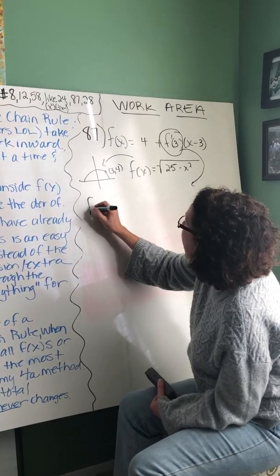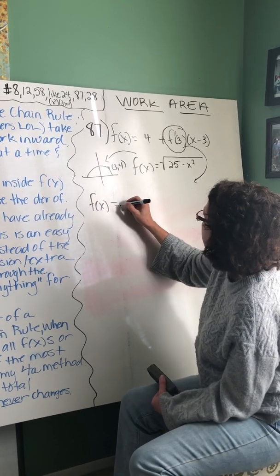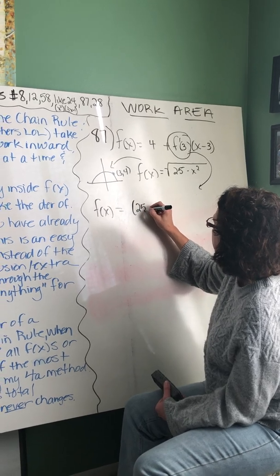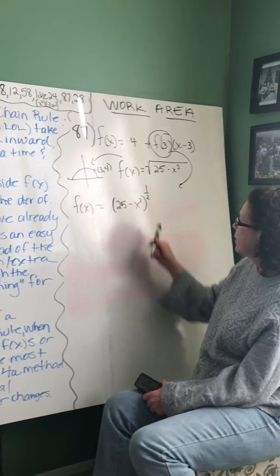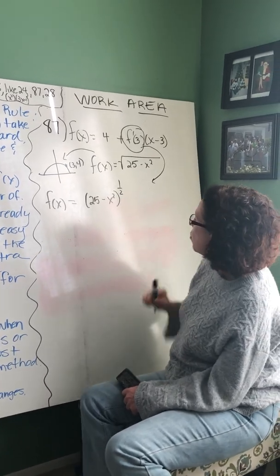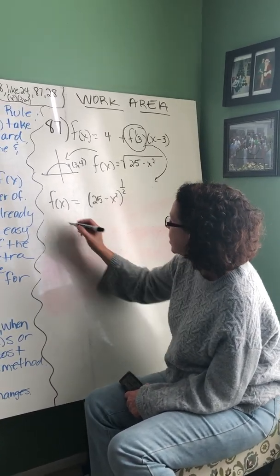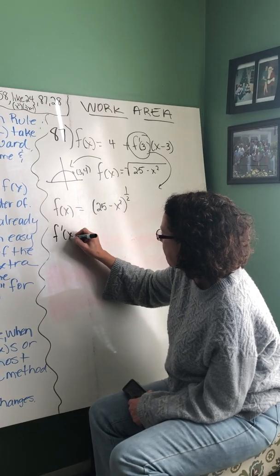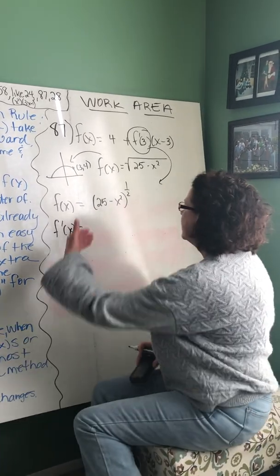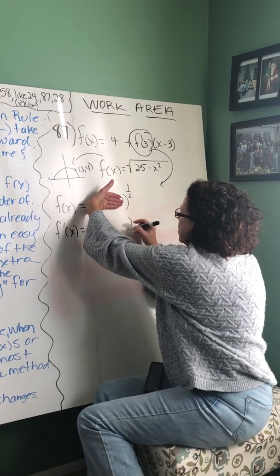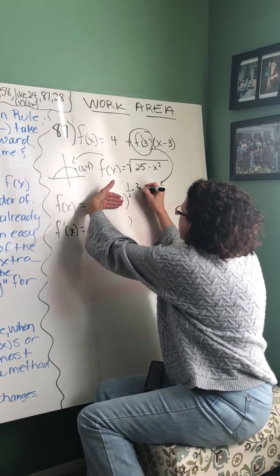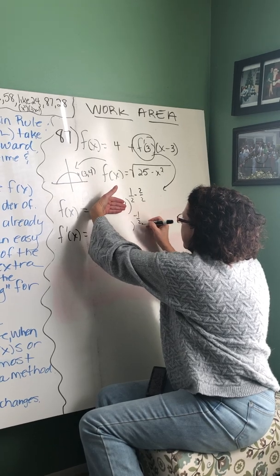So let's go ahead. I'm not taking the derivative yet. I am writing the function with a rational exponent. Okay, the outside function is the 1/2 power, the inside is quadratic. Let's use the chain rule. The derivative of anything to the 1/2 power is 1/2 times anything to the negative 1/2 power.